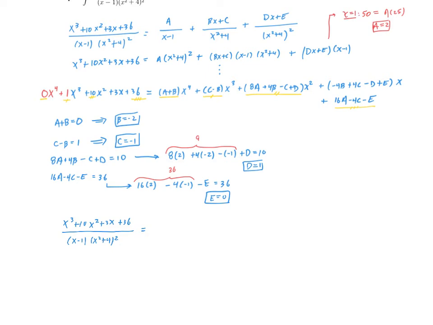Our rational function is equal to a over x minus 1 plus bx plus c all over x squared plus 4. And I'm going to immediately break that up into two fractions. So we have plus bx over x squared plus 4 plus c divided by x squared plus 4, and c is minus 1.